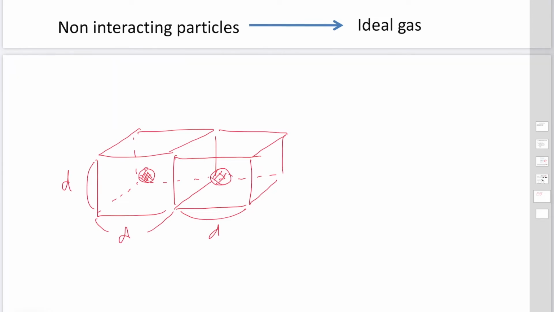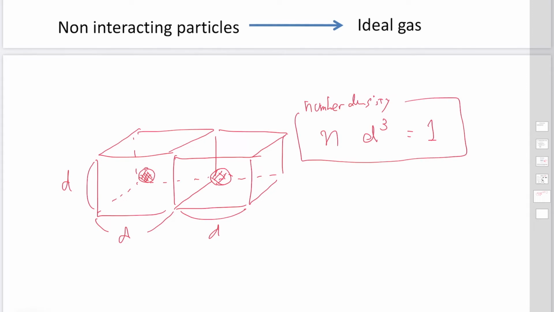So this means the number density N times D cubed is 1. From this equation, D is the mean particle distance, which can be calculated from the number density N. So D is N to the minus 1 over 3.